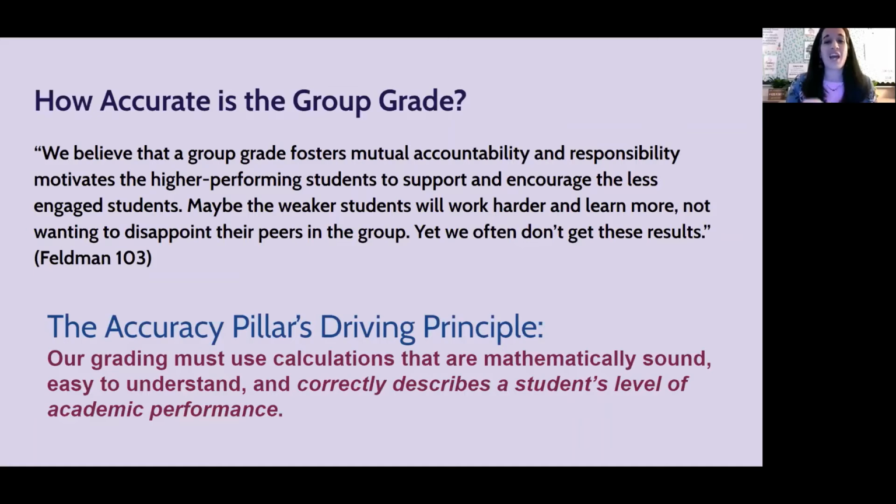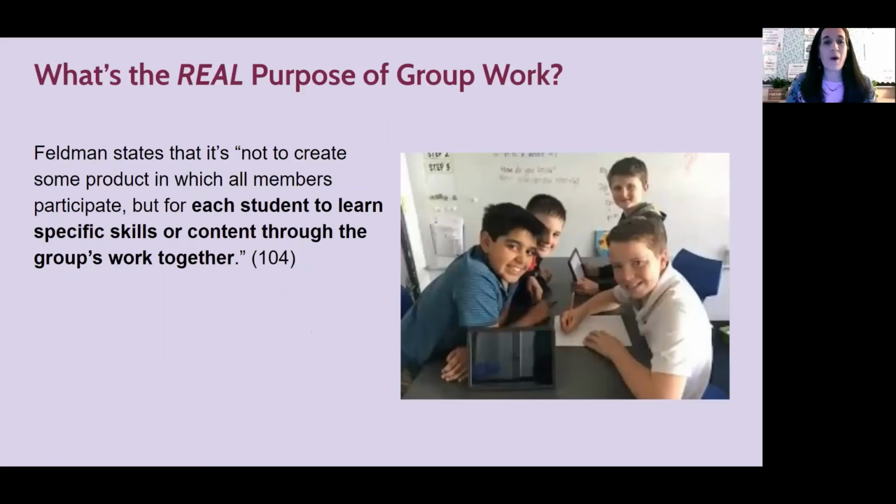Notice it doesn't say that the accuracy pillar is about correctly describing a group's level of academic performance. So keep that in mind. What is the real purpose then of group work? Feldman states that it's not to create some product in which all the members participate, but that it's for each student to learn specific skills or content through the group's work together.